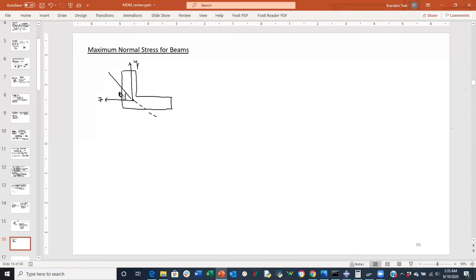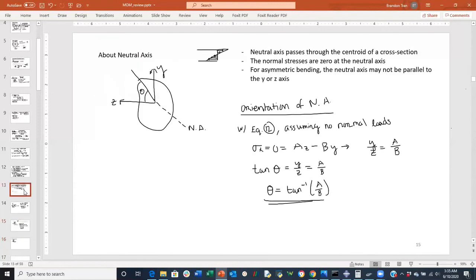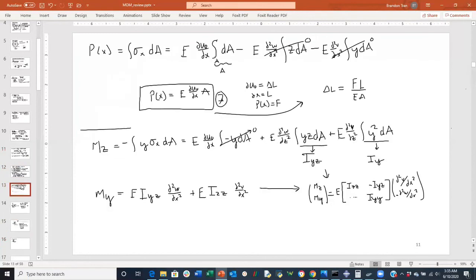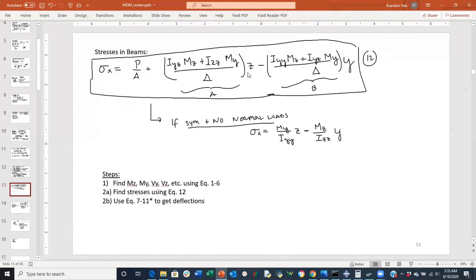Now that we have the neutral axis, how do we find maximum stress? If you go back to equation 12, you choose a y and z location to analyze your normal stresses, and you multiply by these constants in here.